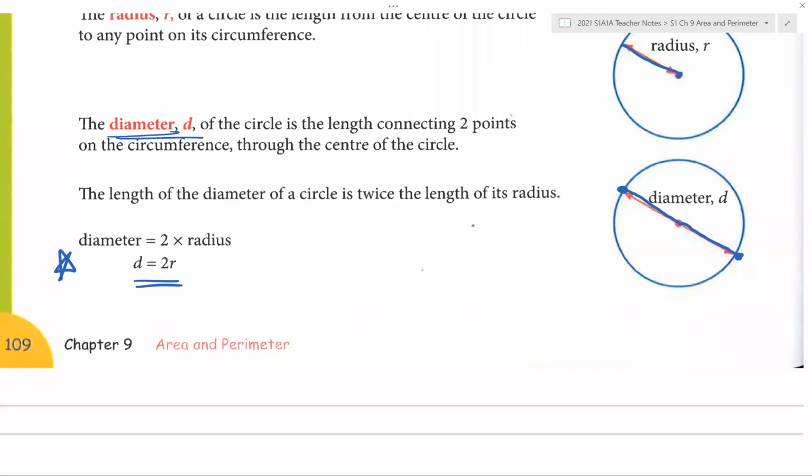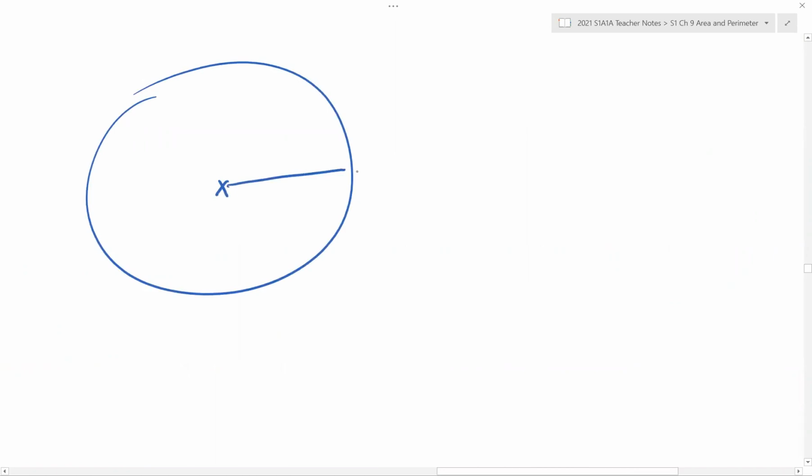If there are no questions, then I'll do a quick test. What is the name of A?